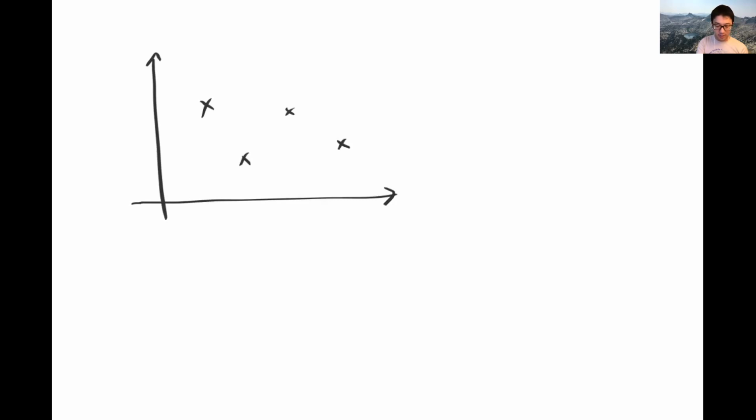Okay, so here's the concept. Suppose we've got a couple points like so. And let's put in this red point here. The question that kernel regression is essentially trying to answer is, at this x, what is y?